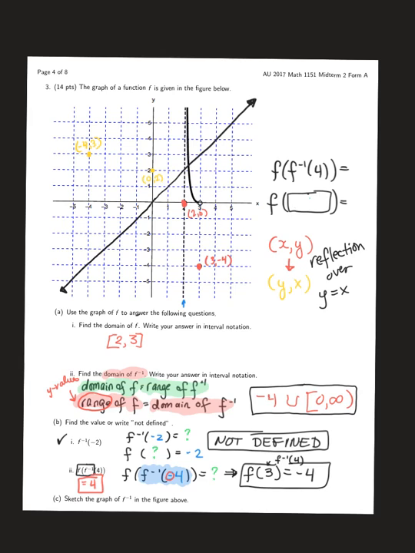And if you notice, the distance from this red point to this line of reflection is the same as this distance here. This line y equals x should be the perpendicular bisector of the line segment connecting our 2 points.